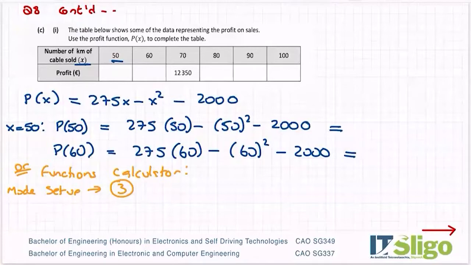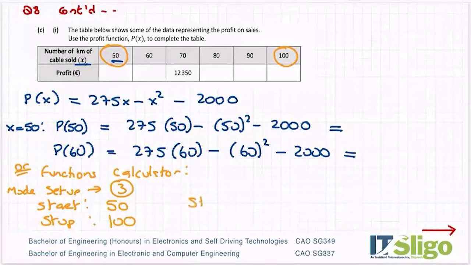So put in your function, then your start, you're starting at 50. So put in 50 and equals. You're stopping at 100. And you're going up in steps of 10. Do you see you're going up 50 to 60 to 70 to 80 to 90 to 100. So steps of 10. Of course, hit equals after each of these because that logs it into the memory.